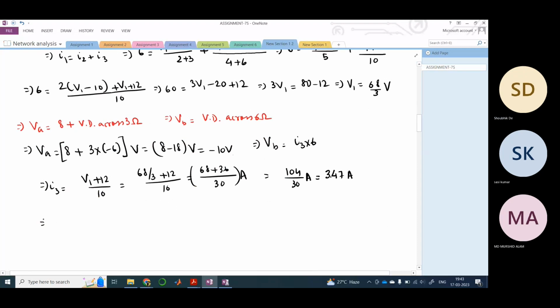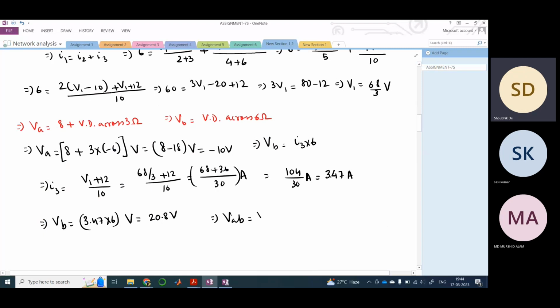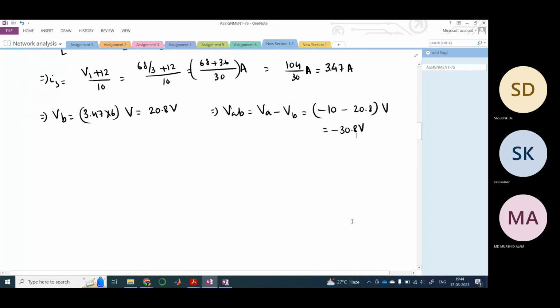Therefore, what would be VB? VB would be 3.47 into 6 volts, right? So this would be 20.8. So therefore, your VAB would be what? It would be VA minus VB, right? Simple. So VA is minus 10, VB is 20.8, minus 30.8.